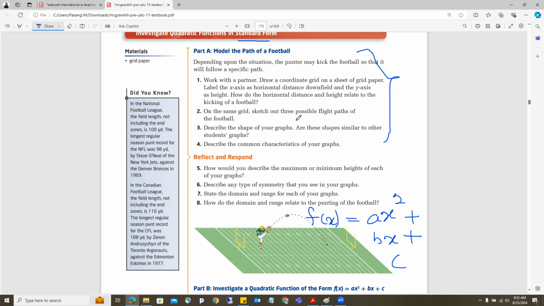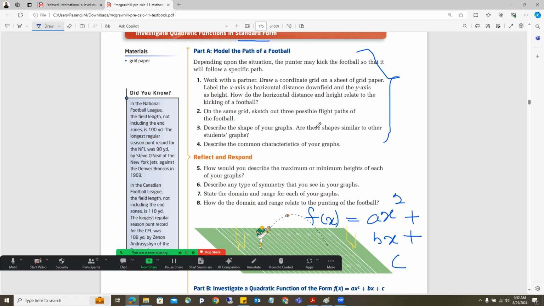How do the horizontal distance and height relate to the kicking of a football? On the same grid, sketch 3 possible flight paths of the football and describe the shape of your graphs. Are these shapes similar to other students' graphs, and describe the common characteristics of your graphs?